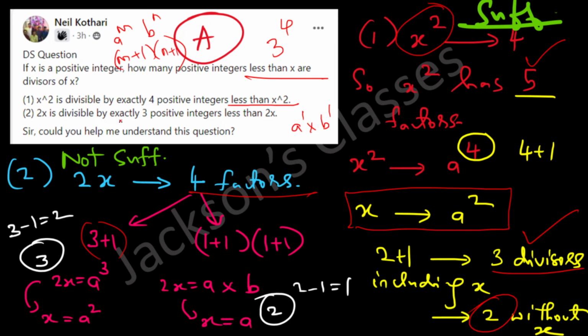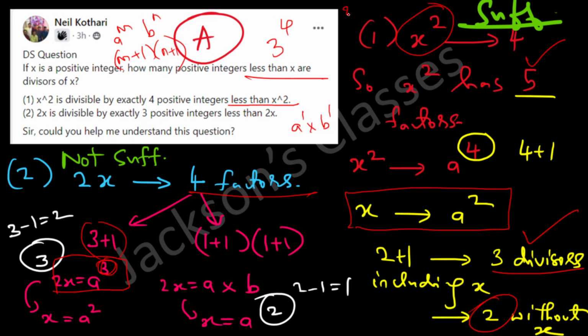Now if 2x is equal to a cube, then we have this possibility over here, right? Because the number of factors will be the power plus 1. So in this case 2x is of the form a cube and x will be of the form a square. Why is that so? Because a itself has to be 2, right?